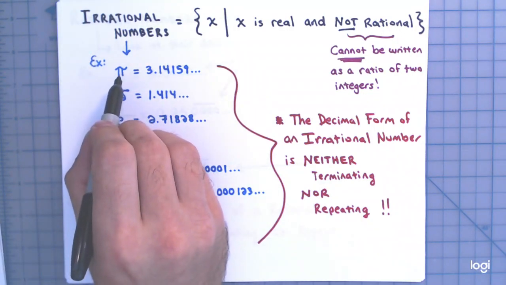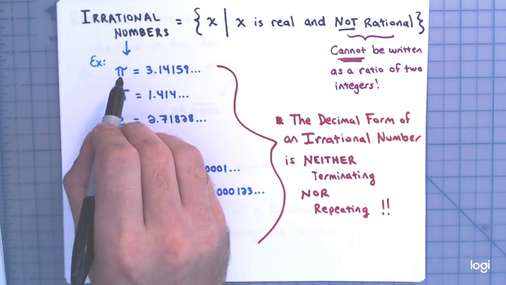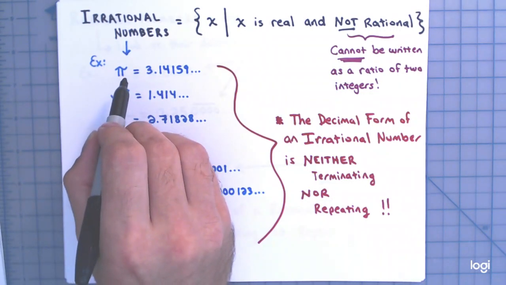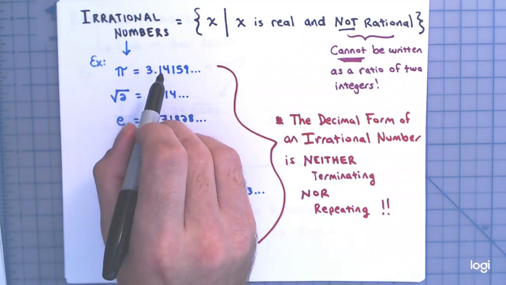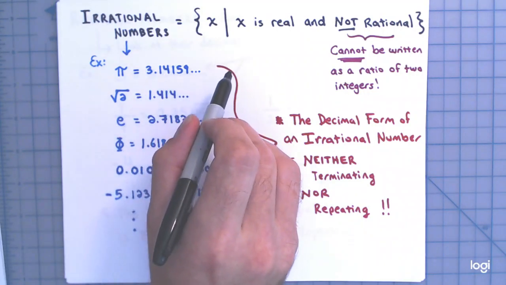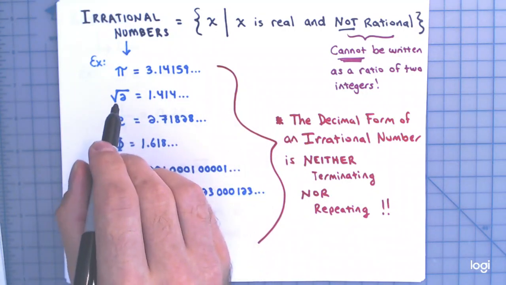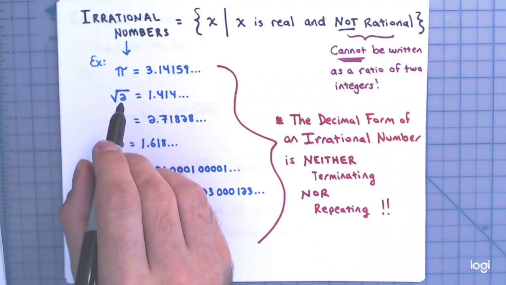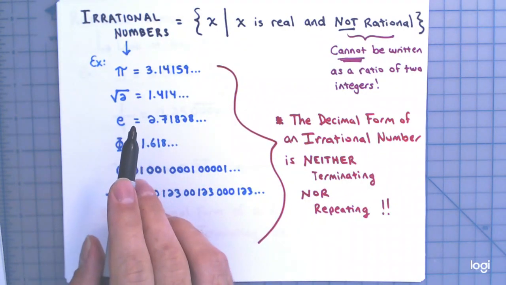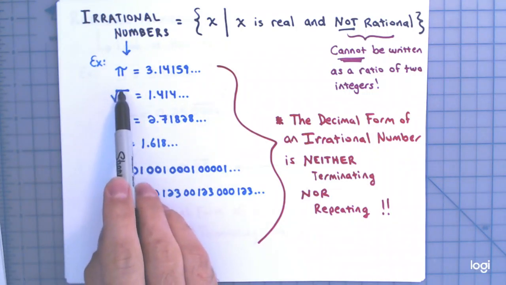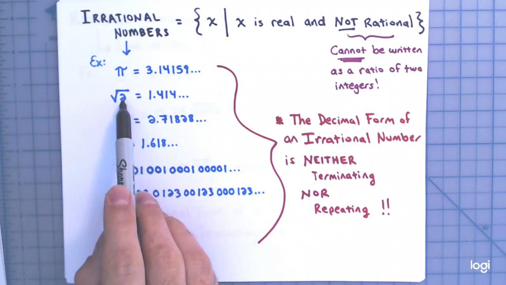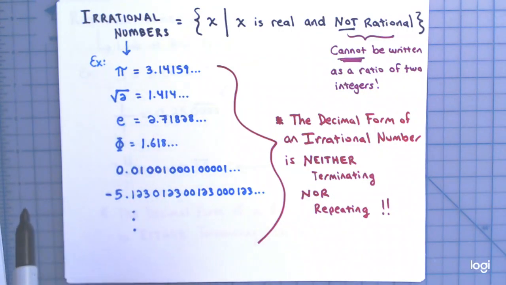The number pi, right? This is that little Greek letter pi, the symbol for pi. In decimal form, this is 3.14159, blah, blah, blah. The square root of 2, and remember we talked about radicals in previous videos. If you take an nth root of a radicand that's not a perfect nth power, the result is going to be irrational.